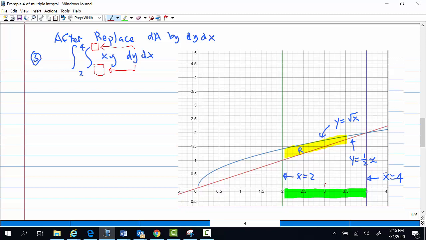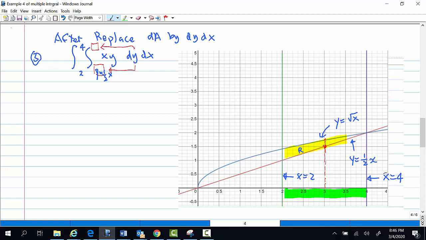So now you draw a vertical line. This vertical line goes upwards until it first hits this point. This is y equal to half x. So the lower limit of y is y equal to half x. And if you continue, you pass through the yellow region and hit another point at the boundary.